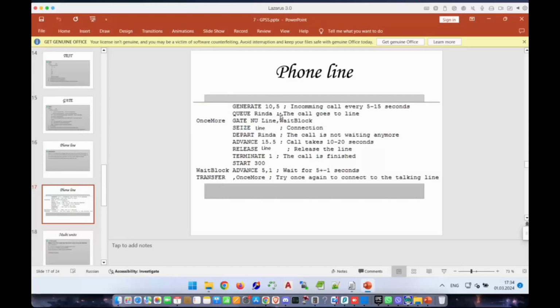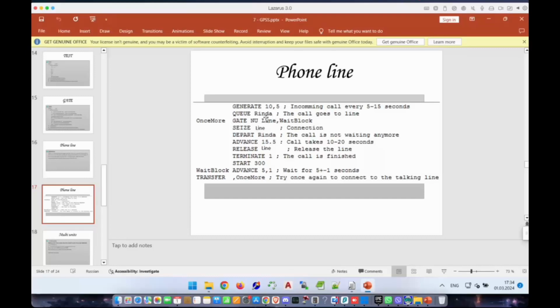Then every call stands in the waiting line. And then we have gate U and line. That means if the facility line is not being occupied by any of the transacts, then we pull the transact to execute the next line and to overtake the line.